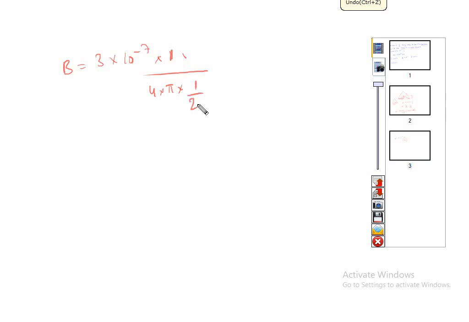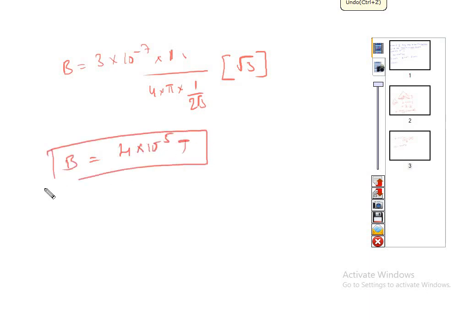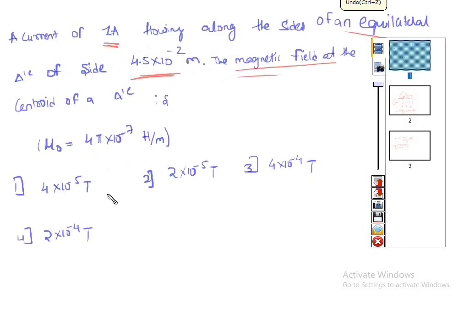So 1 by 2 root 3 plus sin 60 plus sin 60, right? So it will be root 3. It will give you the value of 4 into 10 to the power of minus 5 Tesla. So the magnetic field induction at the center of the triangle is 4 into 10 to the power of minus 5. So the first option is correct. I hope it is clear.